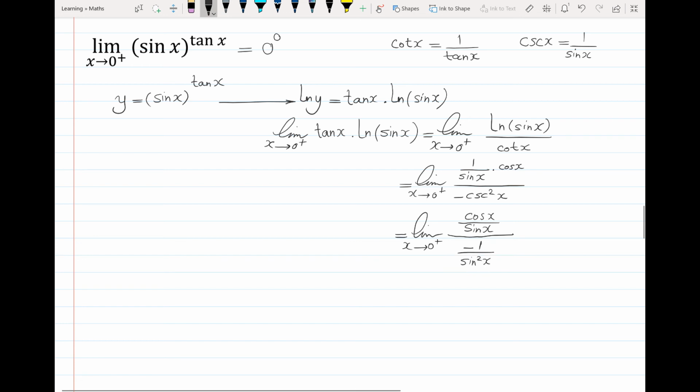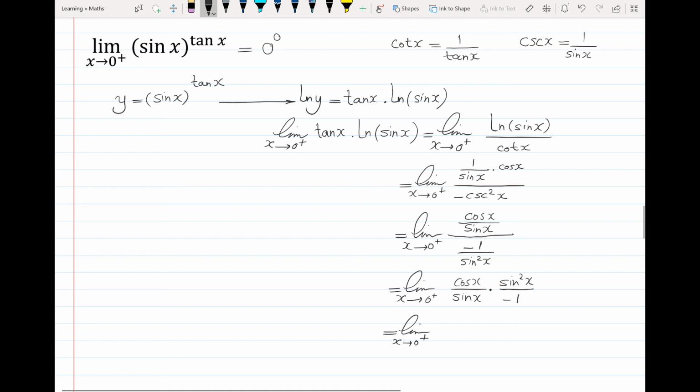Cosine of x over sine of x divided by negative 1 over sine squared of x is cosine of x over sine of x multiplied by the reciprocal of the denominator, which is sine squared of x over negative 1. Now if we cancel one sine of x from the top and one sine of x from the bottom, we get to this expression.